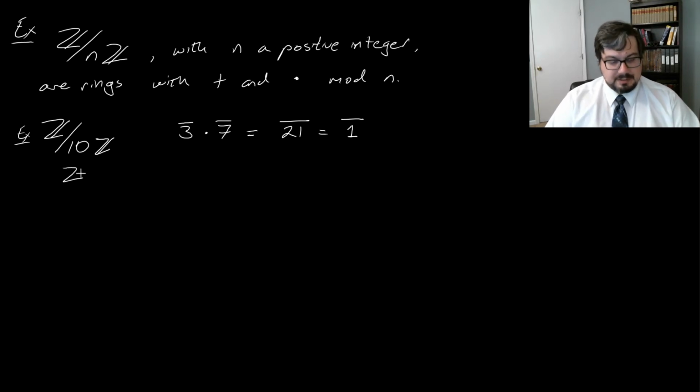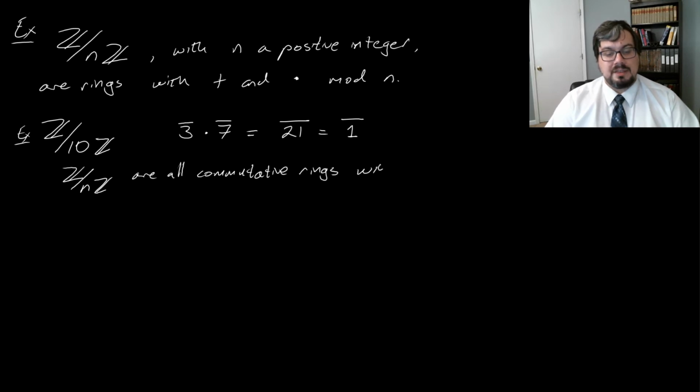So the Z mod nZ are all commutative rings with identity, with the identity 1 bar.